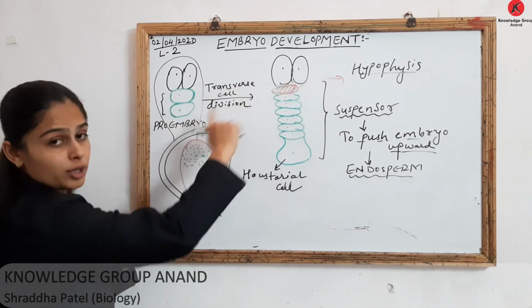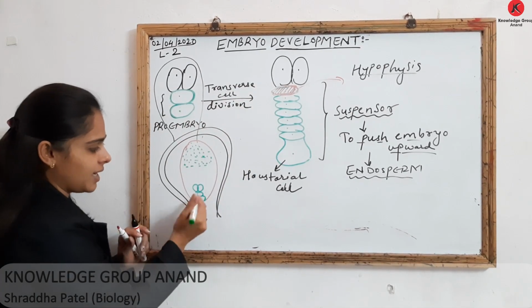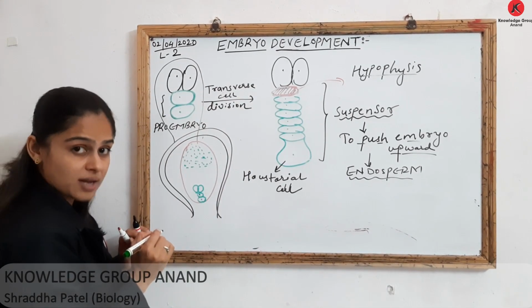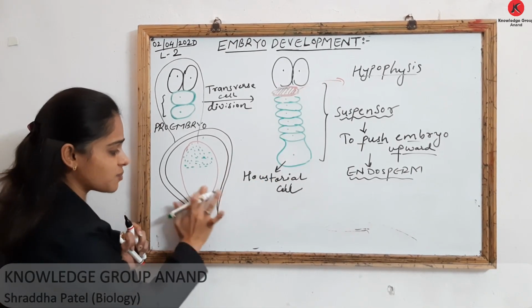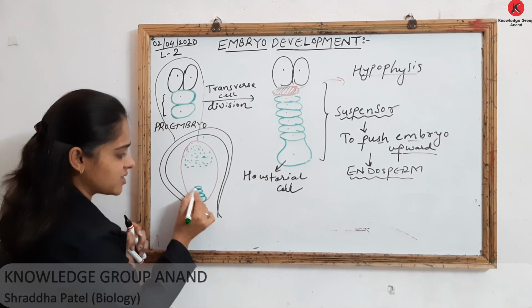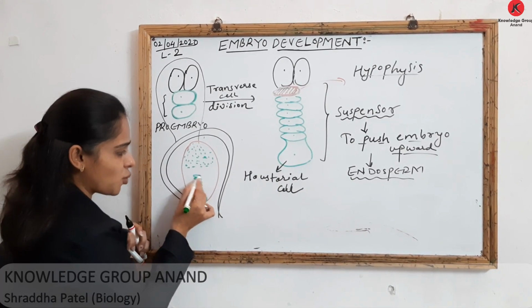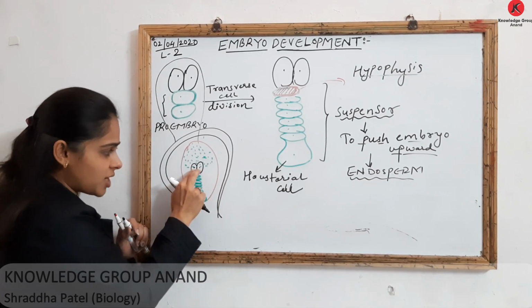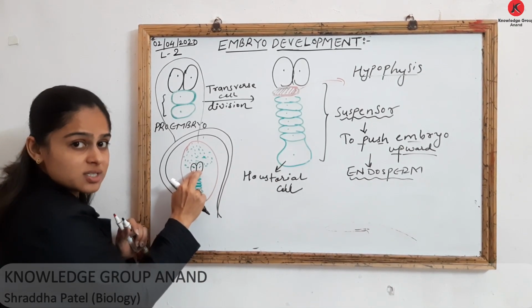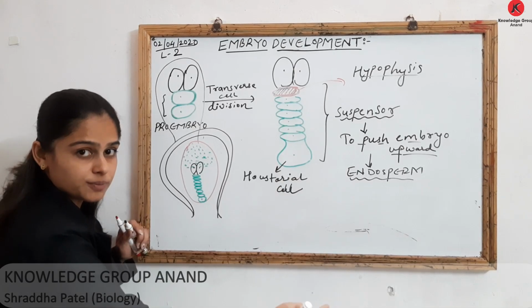Now, what did I teach you just now? The basal cell too undergoes transverse cell division to form the suspensor, right? So now look, I am making the suspensor. What is the suspensor doing? Can you see this? The suspensor is pushing these terminal cells, which are going to form your embryo.